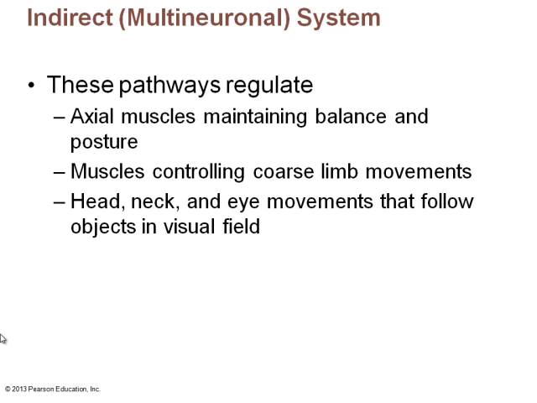We have axial muscle maintaining balance and posture, and muscle controlling coarse limb movements. Head and neck and eye movements are some of the pathways that are directed in the indirect or multineuronal system. So some of the tracks out are motor. These are descending pathways.